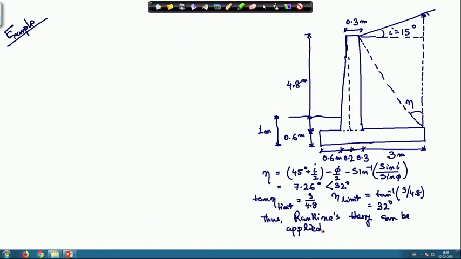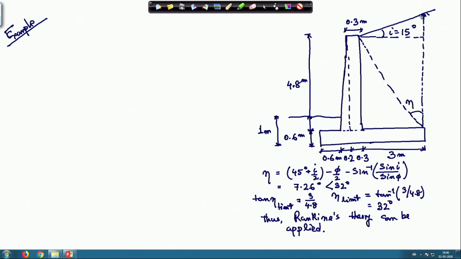So, this problem I will solve considering the Rankine's theory. Because the limit is 32 degrees, 32 degrees means this line will just cross this wall and touch this top point, and if it is less than that it will pass through this portion. So, that is less than 32 degrees. So, Rankine's theory can be applied.